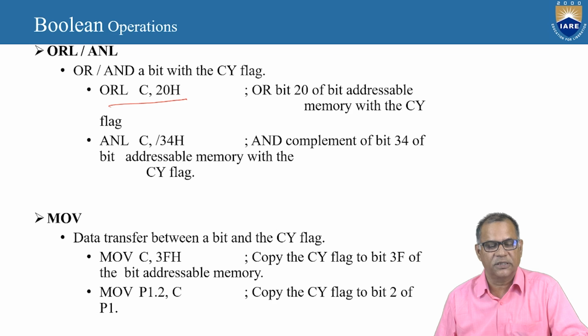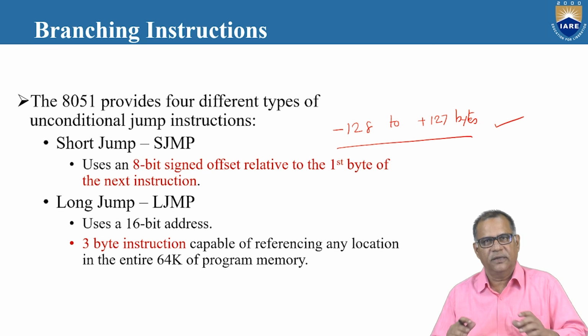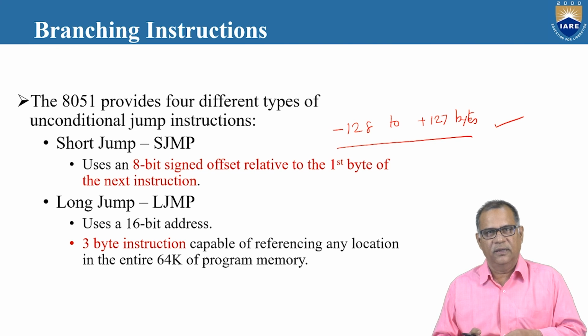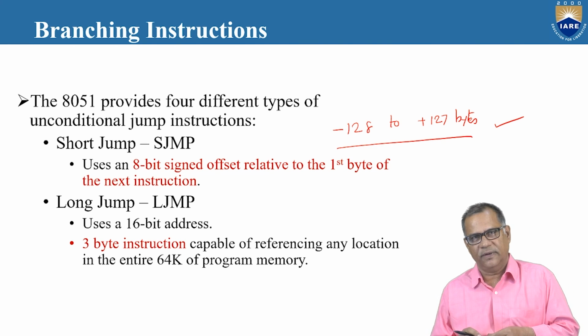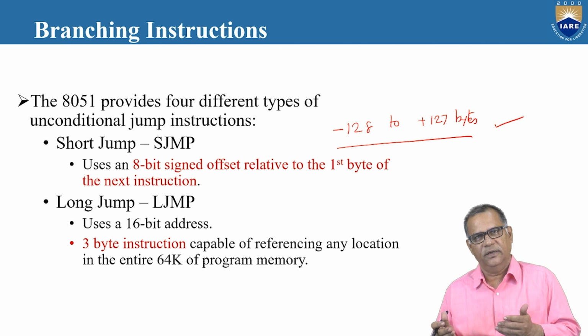We have instructions for Boolean operations. Similarly, we have instructions for branching, conditional branching and unconditional branching. Similarly, we have instructions for calling subroutines. You have different ranges: long range, short range and absolute range.